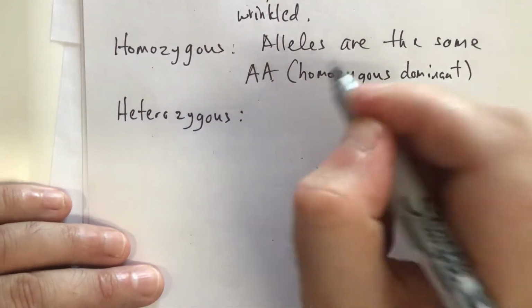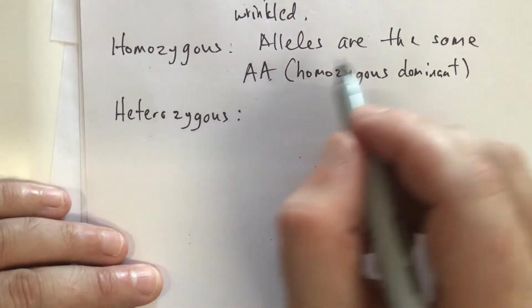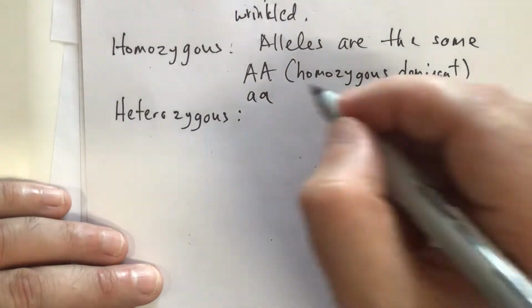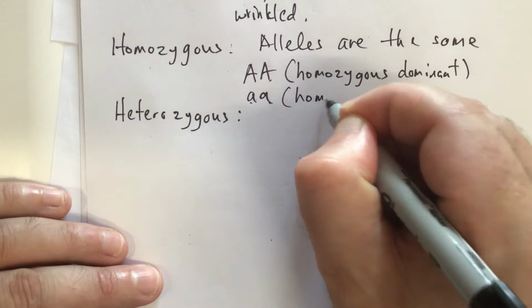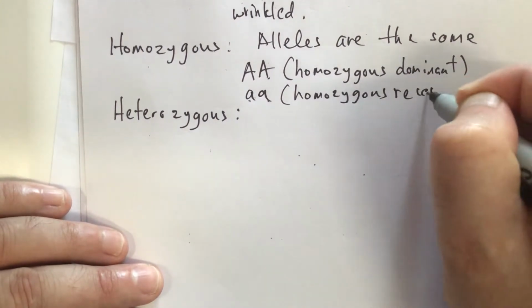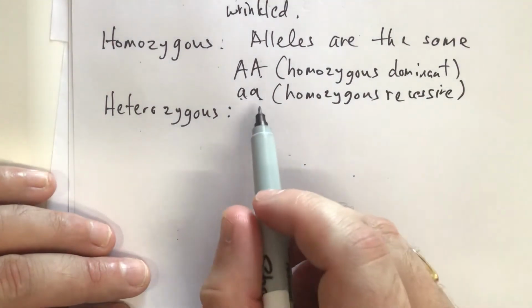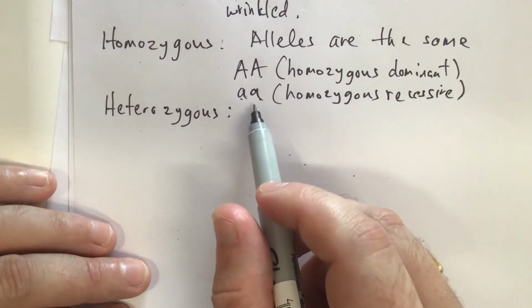There's another case for homozygous where we have the 2 recessive traits, and this is homozygous recessive. If we want to see whatever the recessive trait is, then it has to be homozygous recessive.